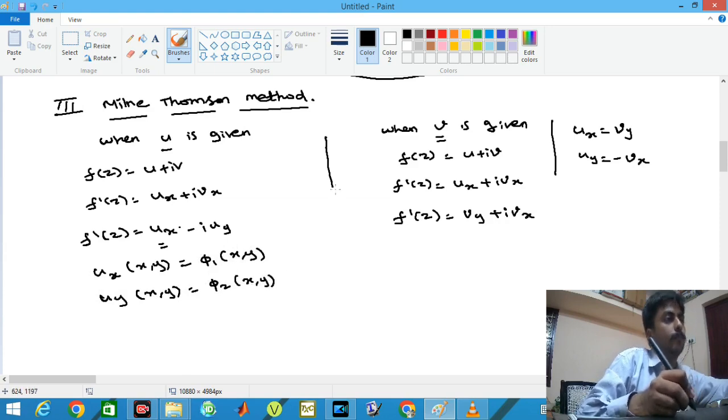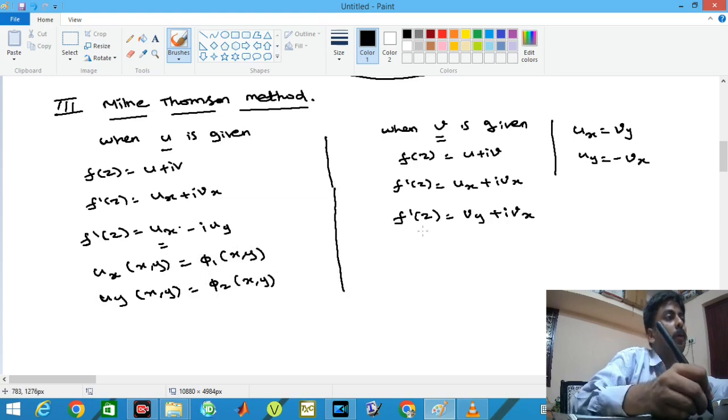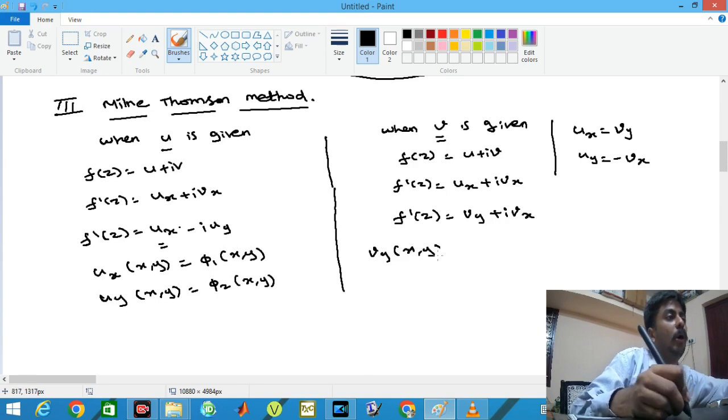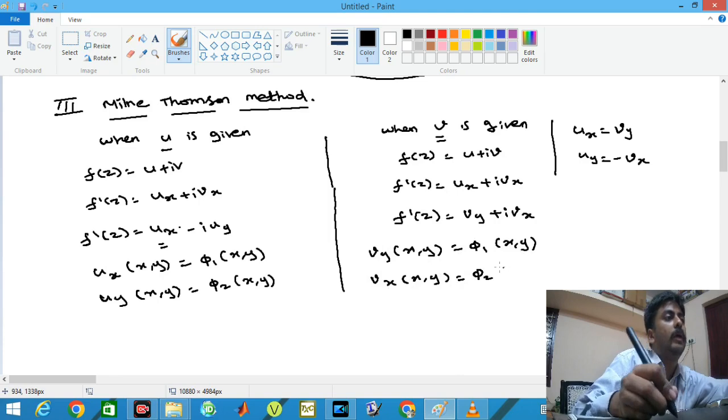Now when v is given, vy of x comma y equal to phi 1 of x comma y, and vx of x comma y equal to phi 2 of x comma y.